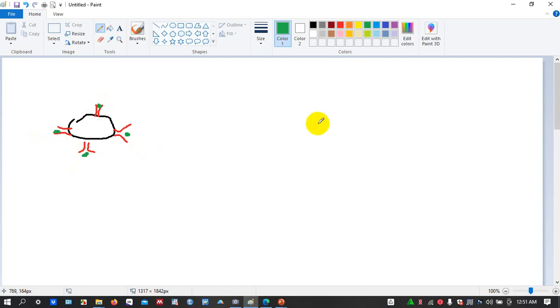This is MHC class 1, then this is the antigen. Like I said, these are expressed on the surface of all nucleated cells.